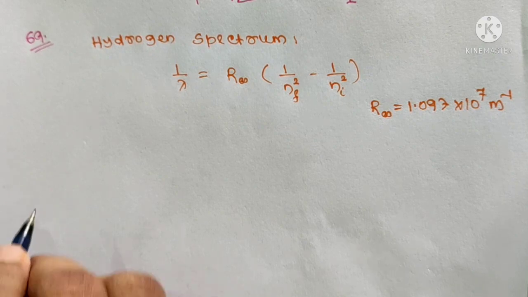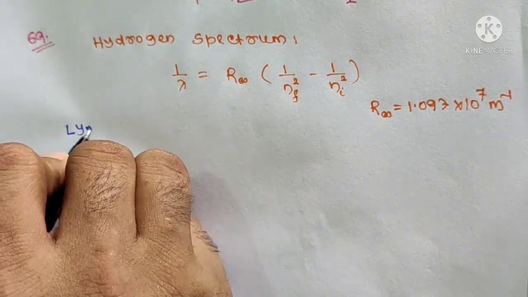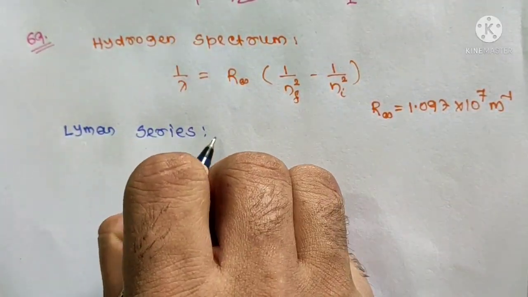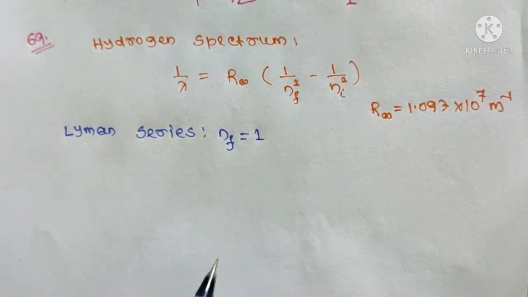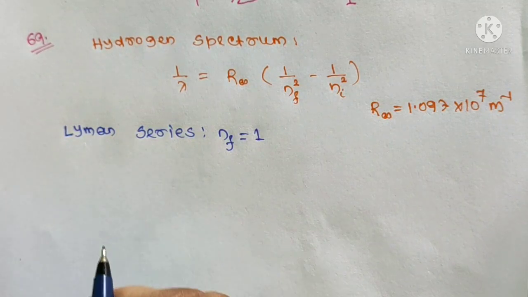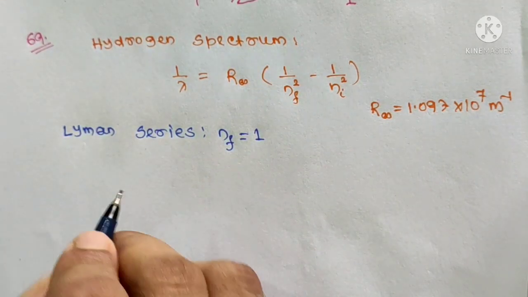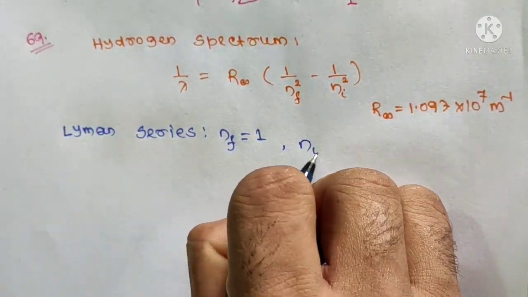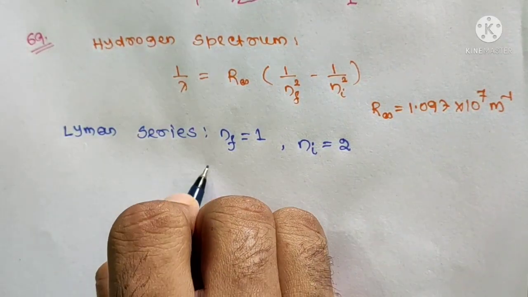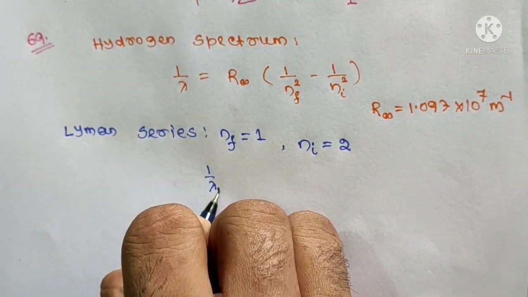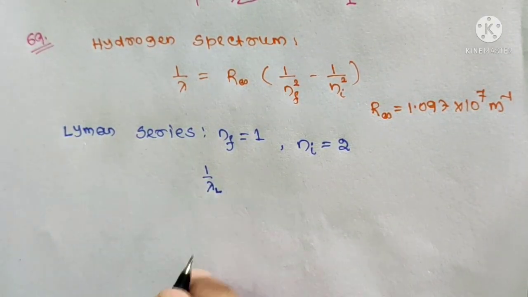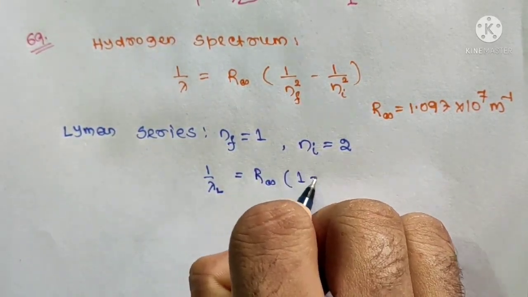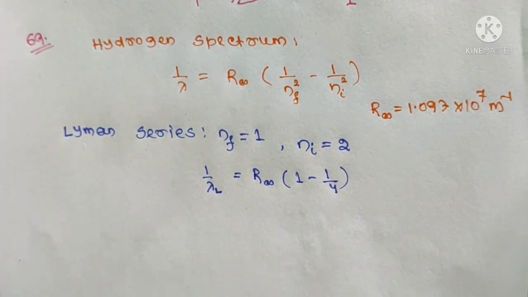Now for Lyman series, nf equal to 1, that is a transition takes place from higher excited orbit to first orbit, and for the first line of the Lyman series ni equals to 2. So 1 by lambda, let it to be lambda L, first line of Lyman series equals to R infinity 1 minus 1 by 4.